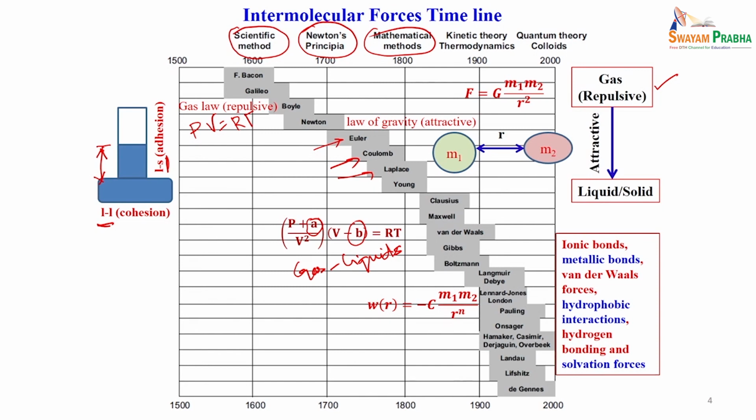The 17th century is known as the first scientific method, the 18th century as Newton's Principia, the 19th century as mathematical methods, the 20th century as kinetic theory and thermodynamics, and in the 21st century we are continuing with continuum theory and colloidal theory.